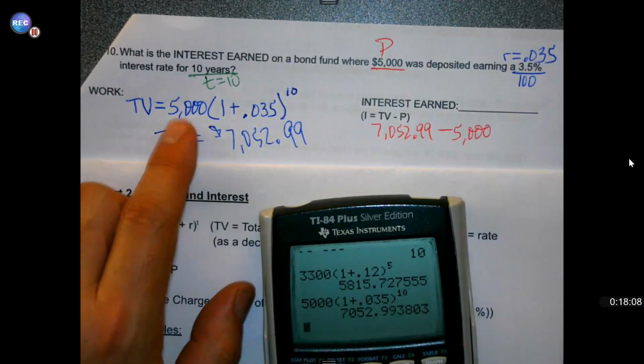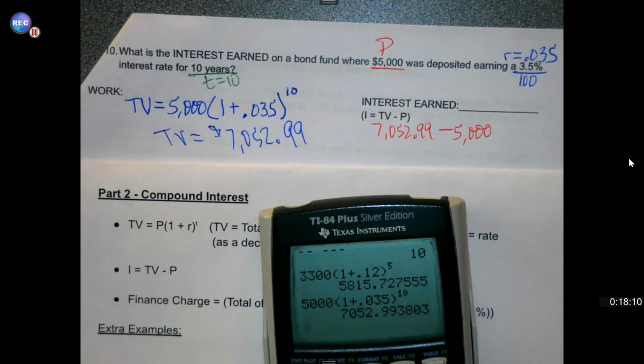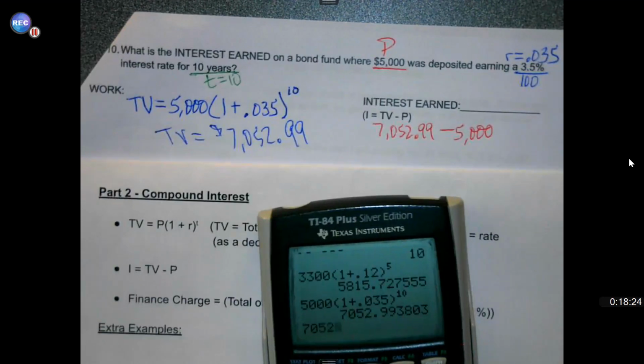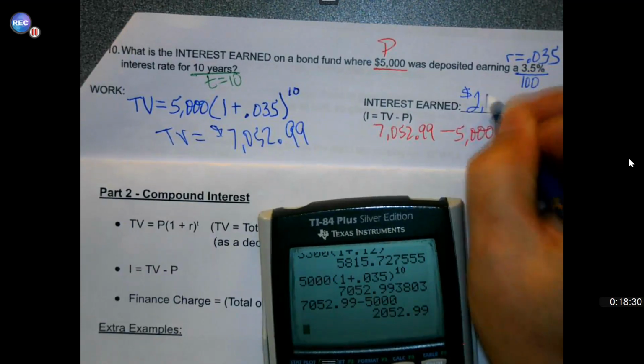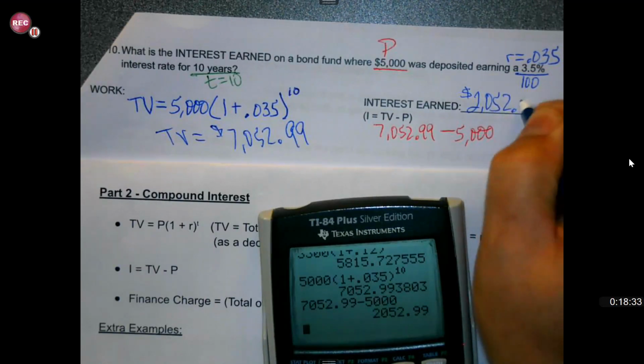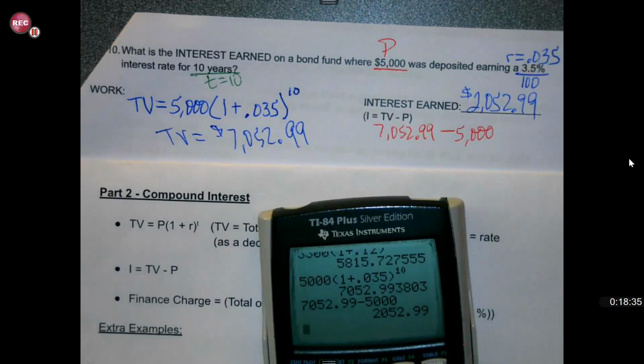Okay, so why does this work? Because if I know how much money I had at the end after I got my interest, and I know how much money I started with, the amount in between is how much money I made on it or got extra. So the interest is the difference.